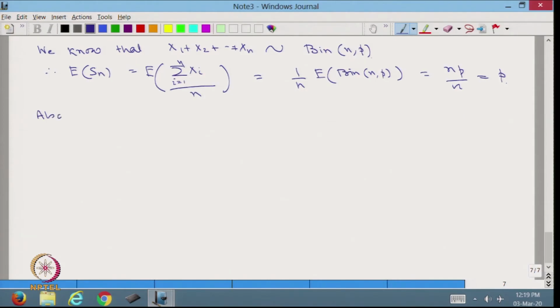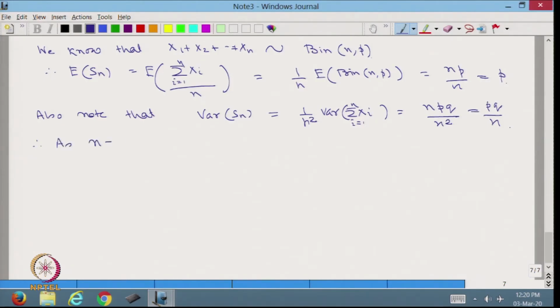Also note that variance of S n is equal to 1 by n square into variance of sigma x i, i equal to 1 to n, is equal to n p q upon n square, is equal to p q by n. Therefore, as n goes to infinity, variance of S n converges to 0.